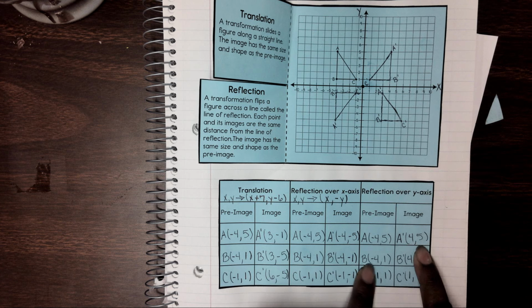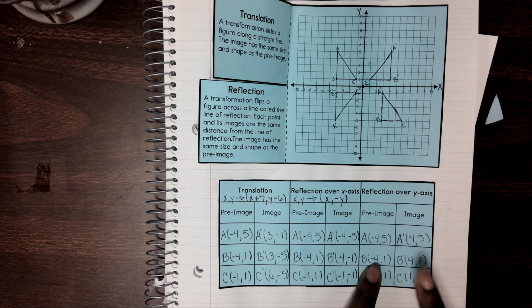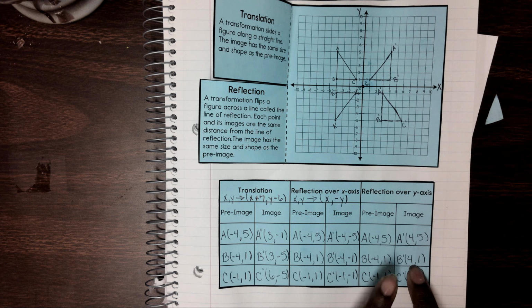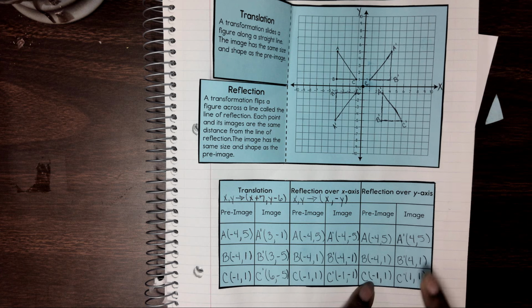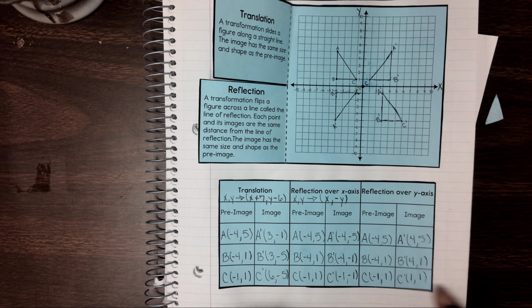On B and B prime, X values -4 changed to a +4. The Y value was originally a +1. It maintained or stayed a +1. C and C prime, we have a -1 changed to a +1. The Y, +1, stays a +1.